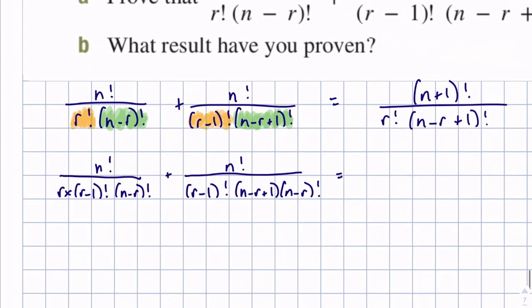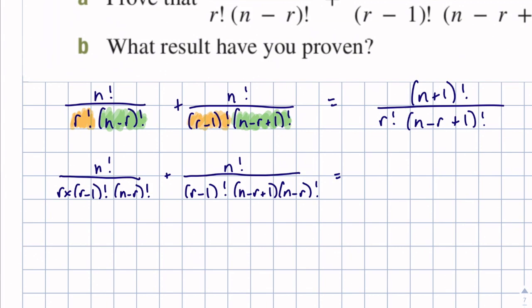And that equals, on the right, I've got n plus 1 factorial, which is the same as n plus 1 times n factorial. I've got r factorial, which is the same as r times r minus 1 factorial. And then I've got n minus r plus 1 factorial, which is the same as n minus r plus 1 times n minus r factorial.